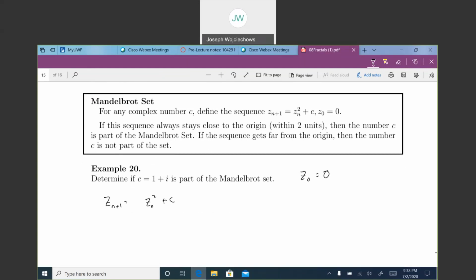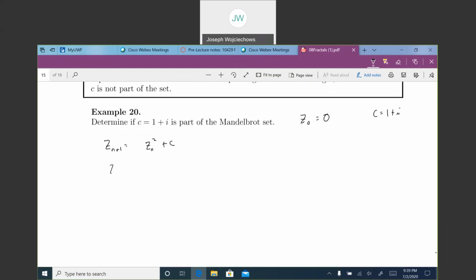If this sequence always stays close to the origin, within 2 units, then the number C is in the Mandelbrot set. If the sequence gets far from the origin, then it is not. So determine if C equals 1 plus i is in the Mandelbrot set.